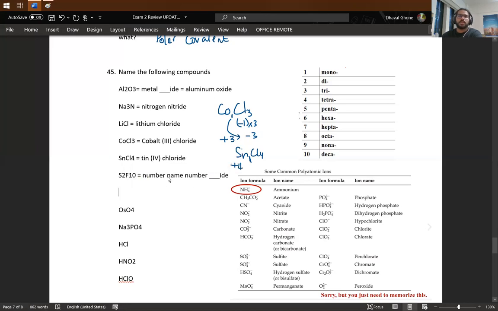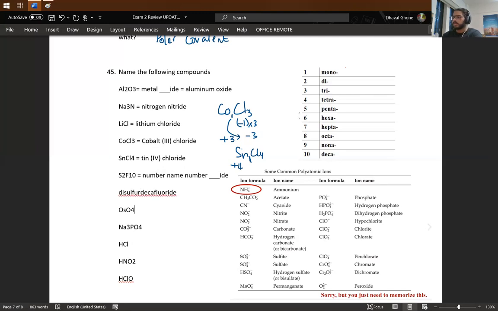And so you use the numbers from this table. 2 means di, first is sulfur, and then the second number is 10 for fluorine, so 10 means deca, and then it's fluoride. Disulfur decafluoride is the name.